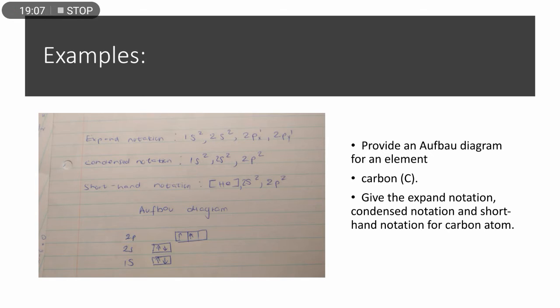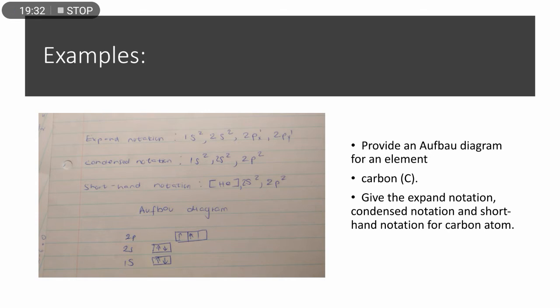because you did not follow the Aufbau principle rules. Moving on to the condensed notation, we have the first s orbital, which is occupied by 2 electrons. On the second energy level, we have the s orbital, which is occupied by 2 electrons too.